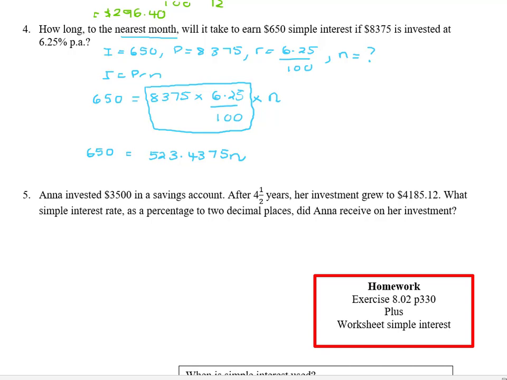So I'm going to divide by 523.4375. So N becomes 650 divided by 523.4375, and what I end up getting is 1.24375. That's what N is, and I'm going to say that's 1.2 years.